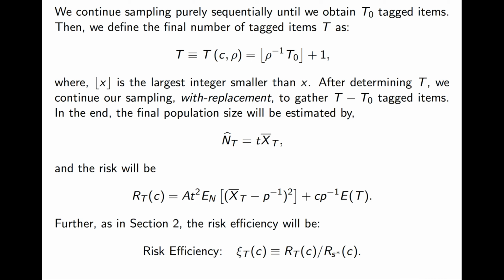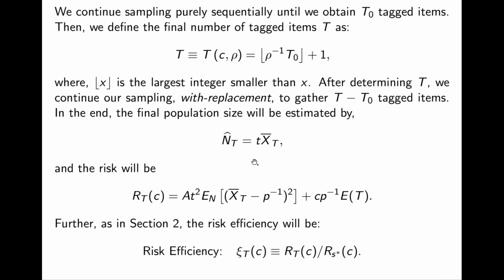Here we are looking at the number of tagged items. The deficit, that is t minus t0, is obtained from this equation. Then we have to do another quick sampling, like a batch sampling, to get the t minus t0 remaining required tagged items, and finally come up with the estimator of the population size.